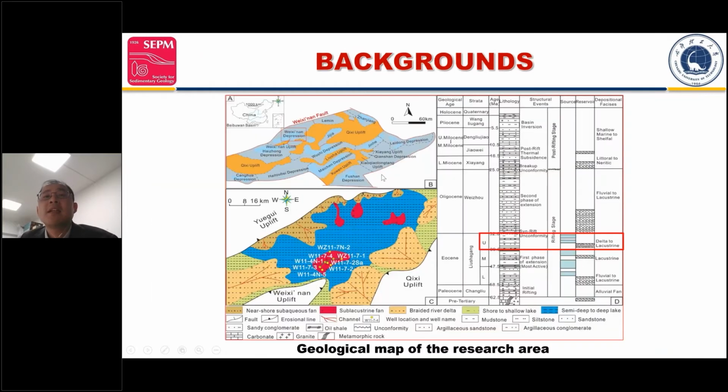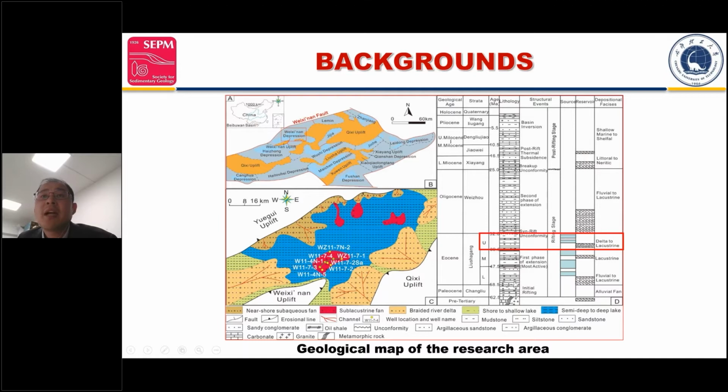This is the research area of our study. The Beibu Basin is located in the north of the South China Sea, and our research area, the Weixinan sag, is located in the northwest of this basin and bounded by the Weixinan Fault.